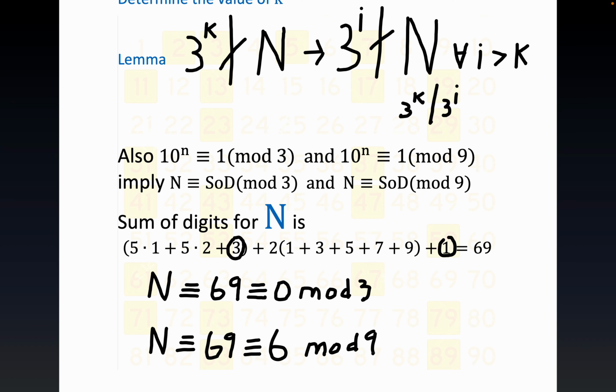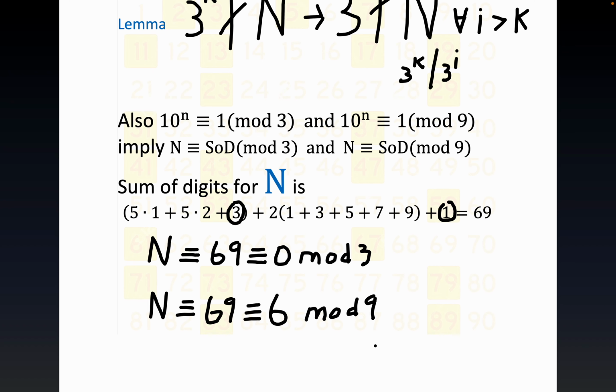Okay, so again, folks, the reason for this is that if you divide 69 by 9, 9 times 7 is 63, with a remainder of 6. And you can think of congruent arithmetic as remainder arithmetic. When you divide 3 into 69, you get a remainder of 0. When you divide 9 into 69, you get a remainder of 6, since 9 times 7 is 63.